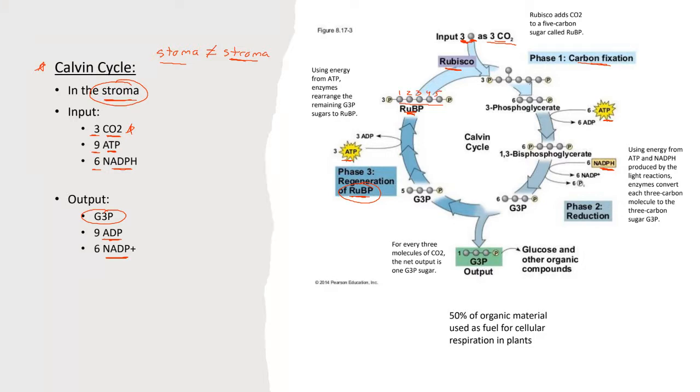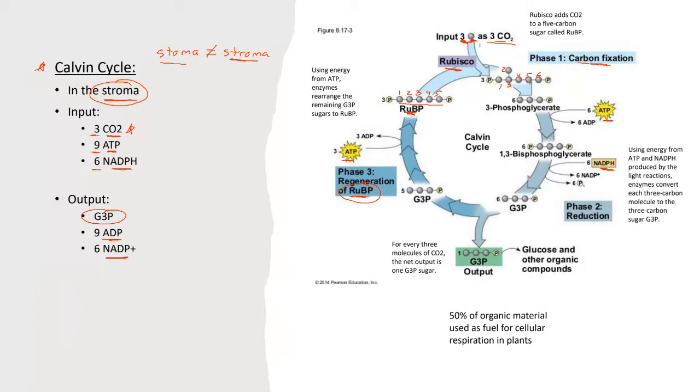What happens if you add another carbon from here? Well, now you have a molecule made of 1, 2, 3, 4, 5, and 6. Now you have a 6 carbon molecule. Does that make sense? So carbon dioxide is added to RuBP. RuBP is a 5 carbon molecule. Carbon dioxide is a 1 carbon molecule. You put them together, you end up with a 6 carbon molecule.